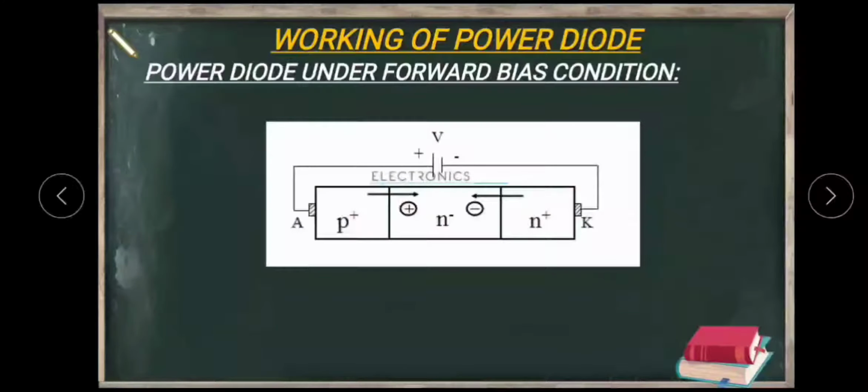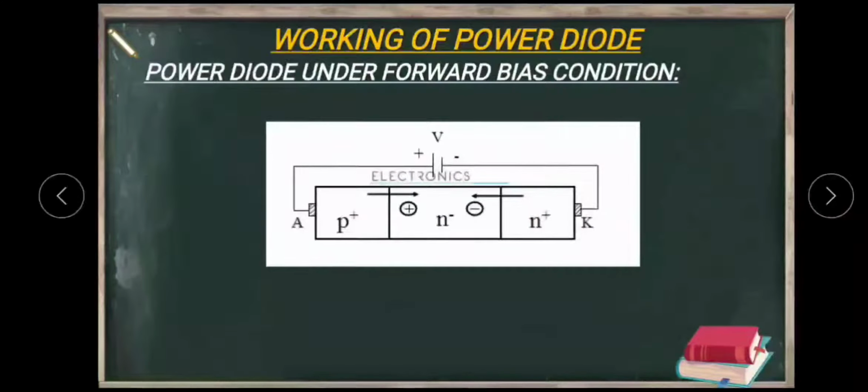When the power diode is forward biased, holes from the P plus region move into the N minus region and combine with electrons present in the N minus region. So the injected holes are large. They even attract electrons present in the N plus region.